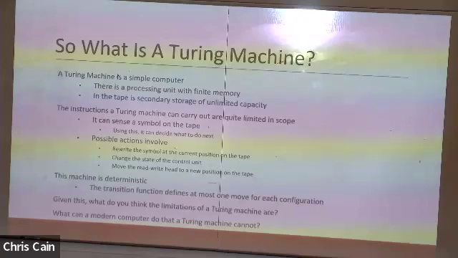Intuitively, I've already spoiled that it's the same as a modern computer, but rather than just accepting that blindly, think about, is there anything you can think of that a modern computer can do that a Turing machine cannot? Because I want to address those and try to come up with ways that we can think about Turing machines that are able to do complex things.